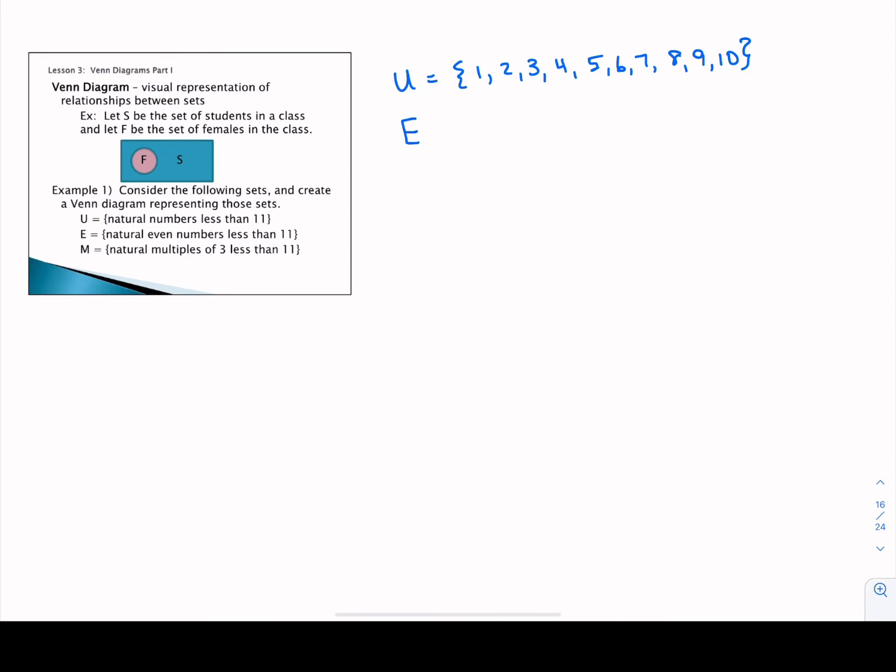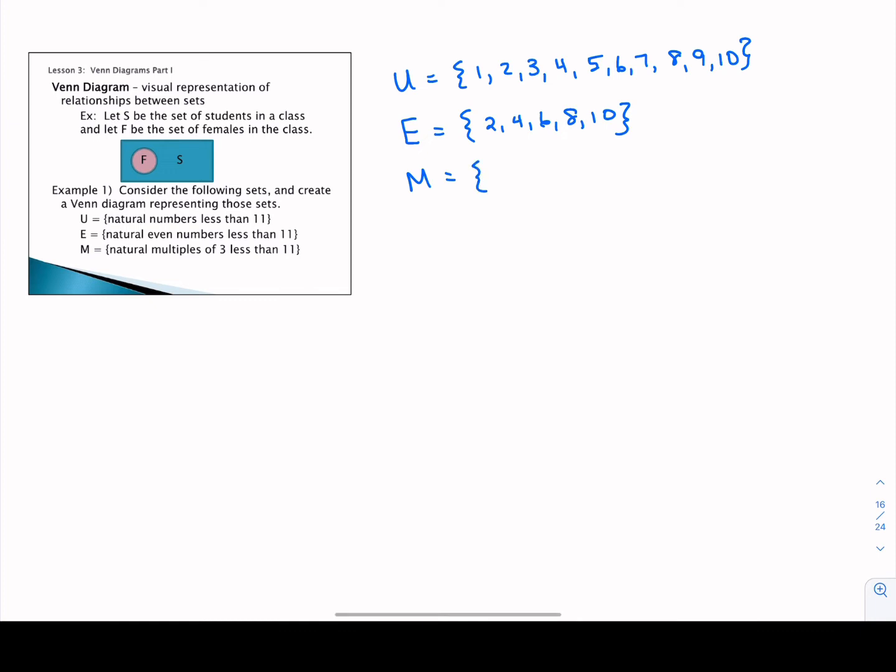E is going to be another set, a different set, and these are natural even numbers, less than 11. So they're still natural, but they're even numbers less than 11. 2, 4, 6, 8, and 10 are going to be our set elements in E. So M is being defined as the natural multiples of 3 that are less than 11.